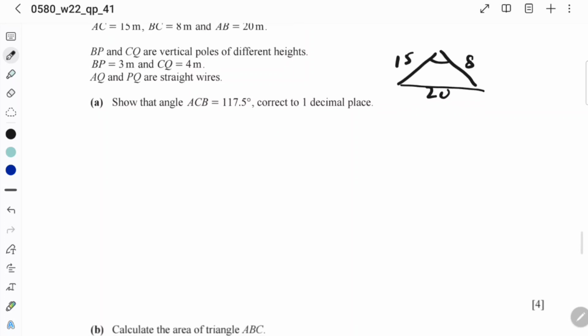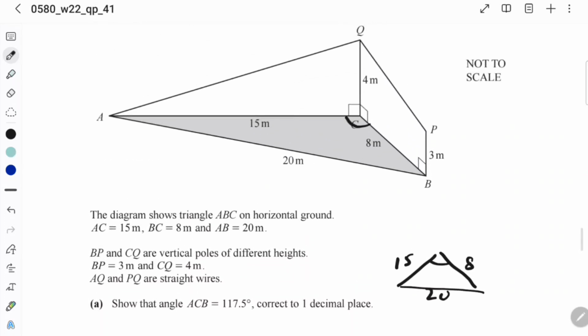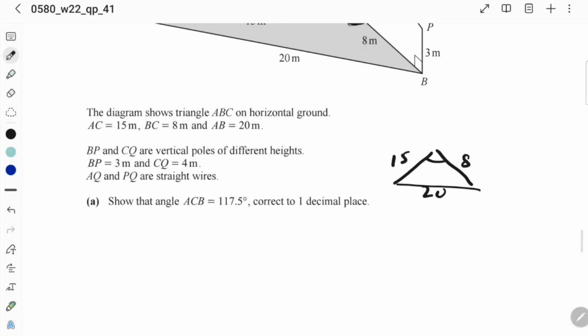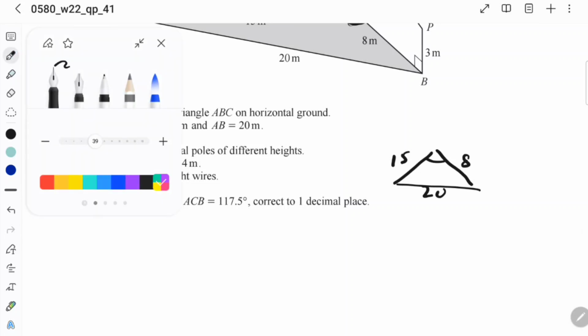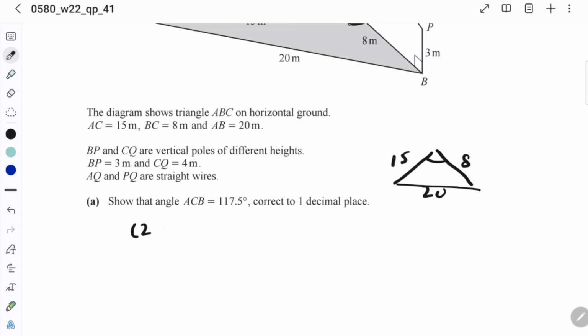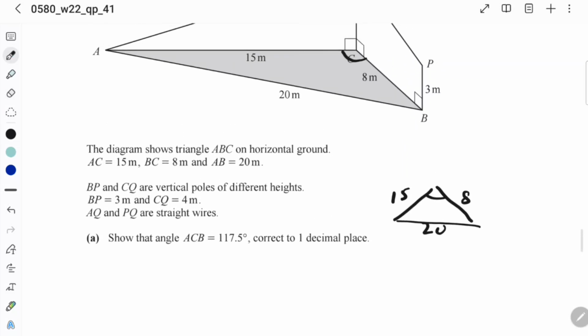So this is a 4 marks question, so do proper working here. We apply the cosine rule here. So that is 20 square is equal to 15. I'm applying it directly, just look over there.